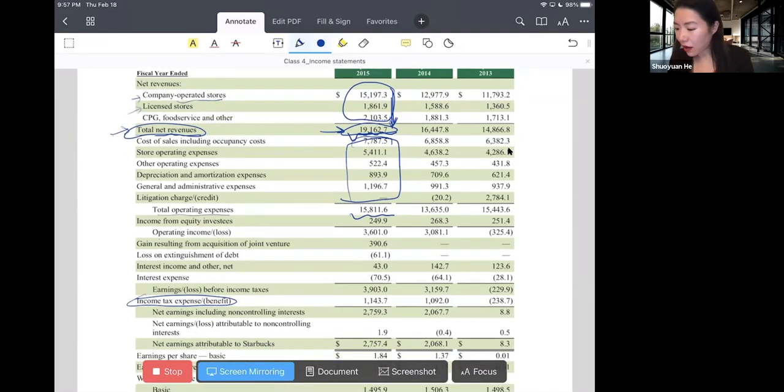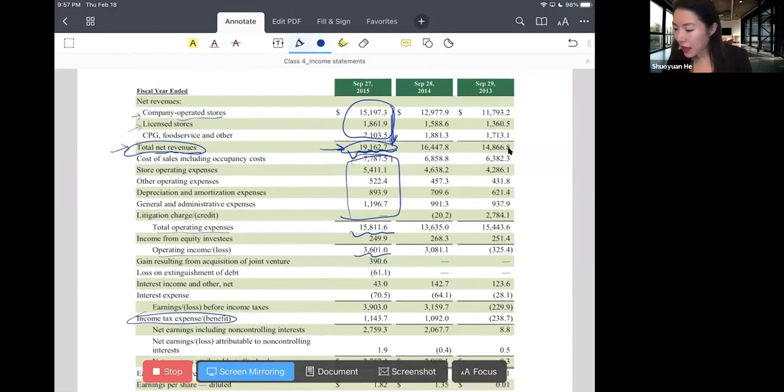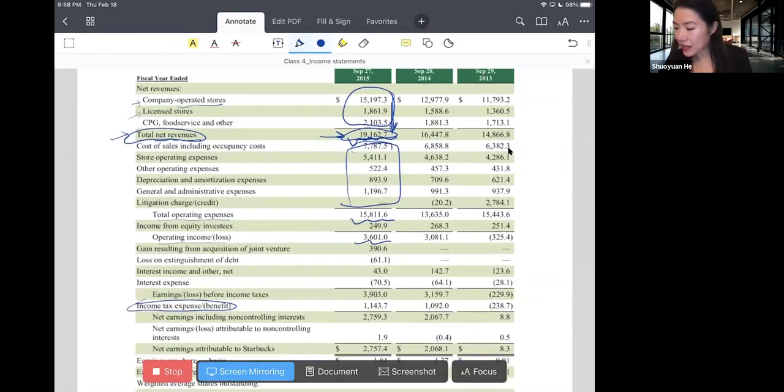And then operating income or loss. This number is, if you take the total net revenue and then minus the total operating expense, plus the income from equity investees, that will give you operating income.